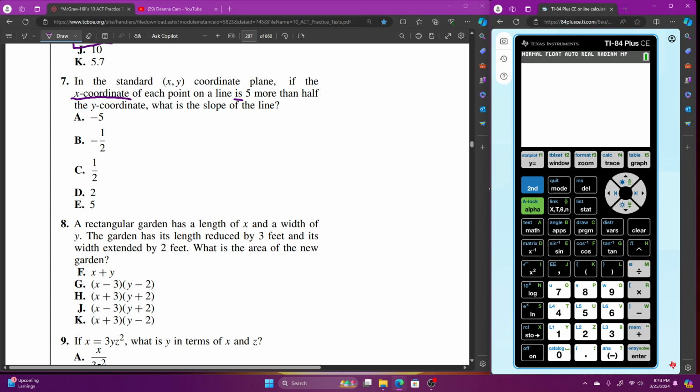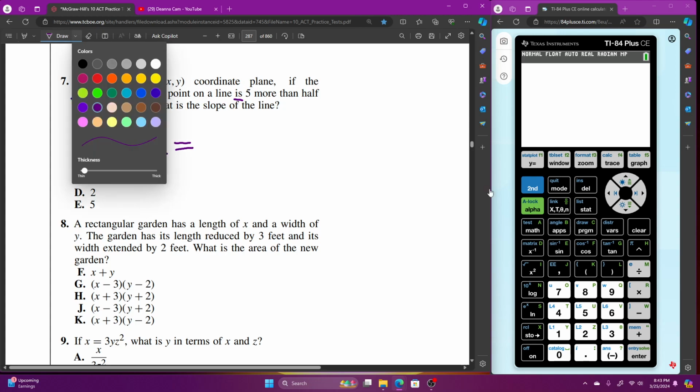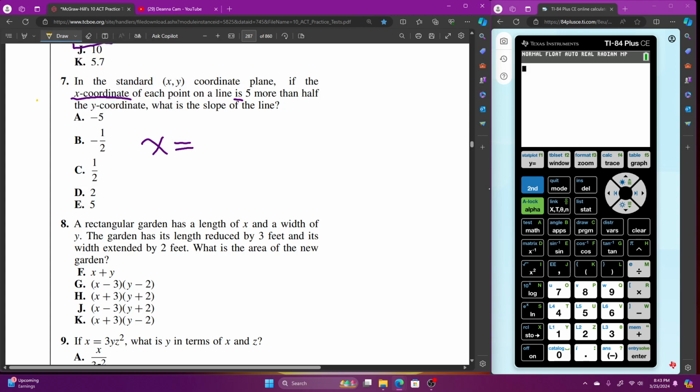X is, how do I write that? X is the equal sign. X is 5 more than half of the y coordinate, half of y. What is the slope of the line?